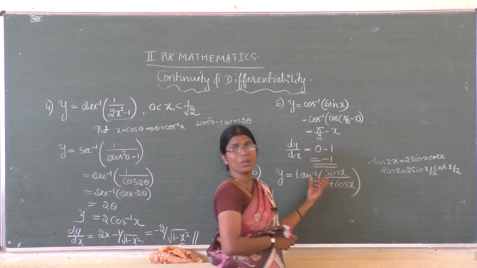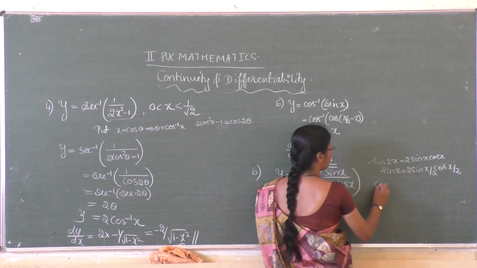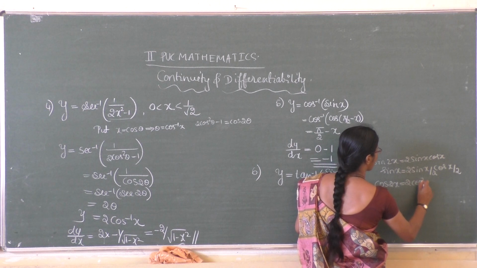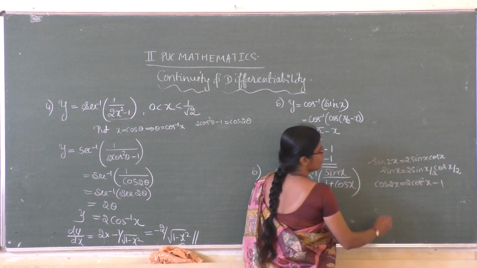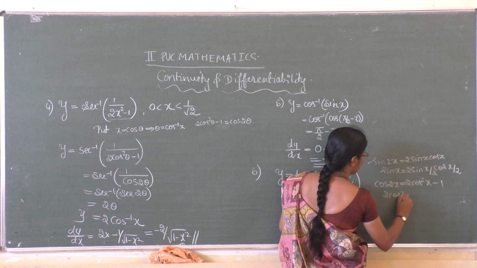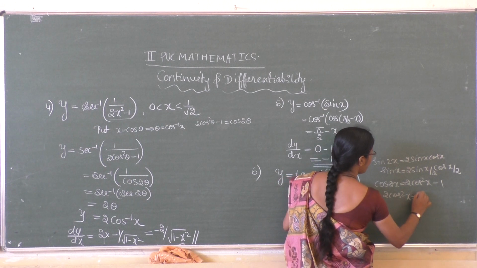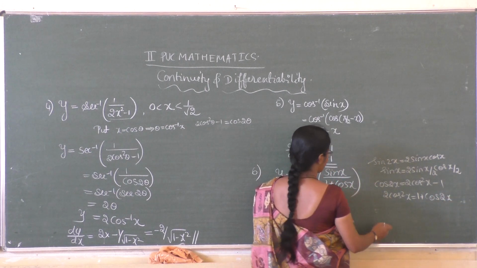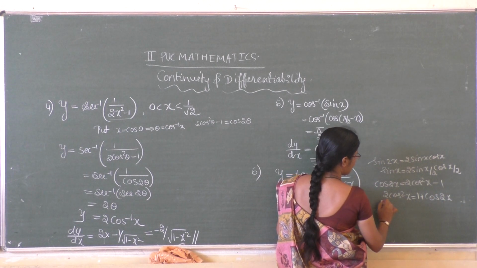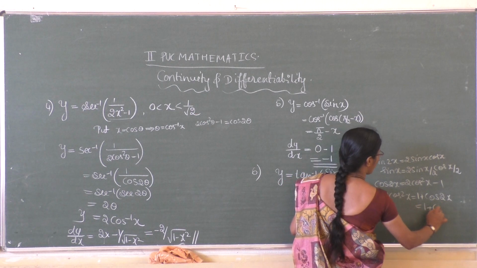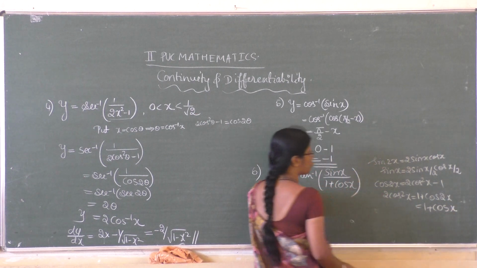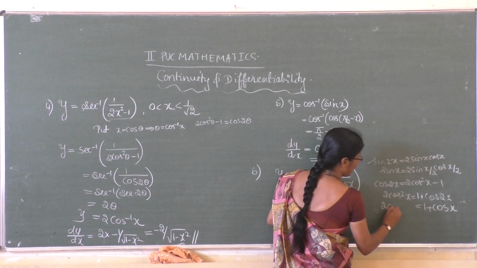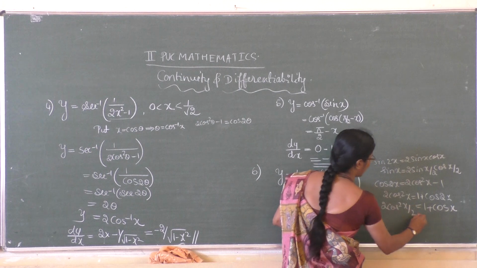Similarly, when you consider cos 2x, we have different formulas, and one of them is 2 cos square x minus 1. So 2 cos square x can be written as 1 plus cos 2x. Here, we need 1 plus cos x, so if you take x instead of 2x, this becomes 2 cos square x by 2.